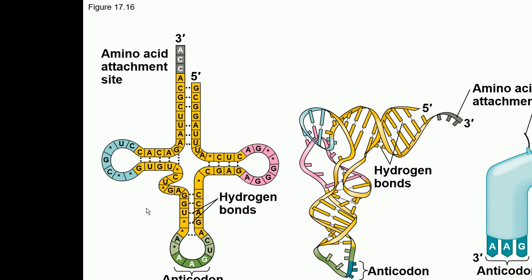And here is an anticodon. We just talked about mRNA having codons. So transfer RNA has an anticodon. The anticodon is complementary to the codon. So this anticodon recognizes the codon on mRNA.